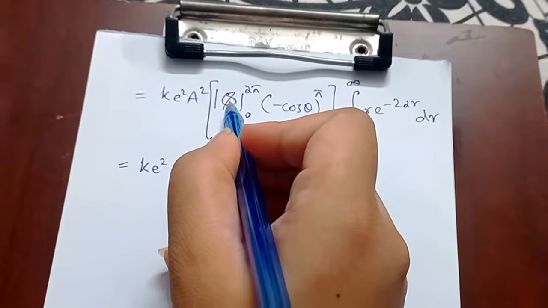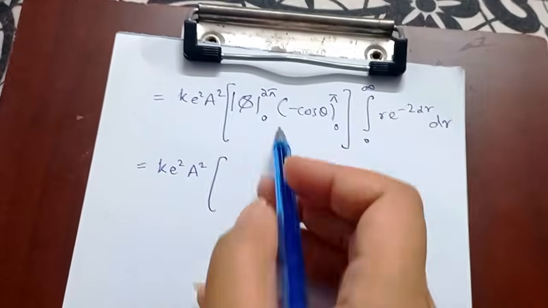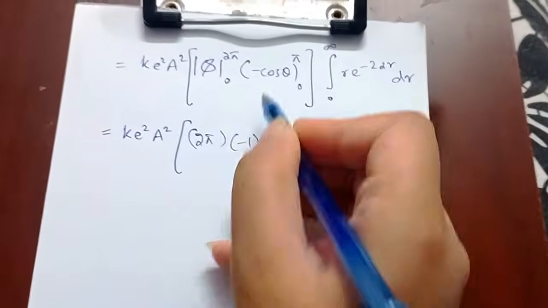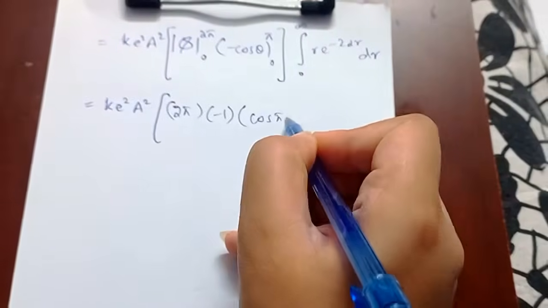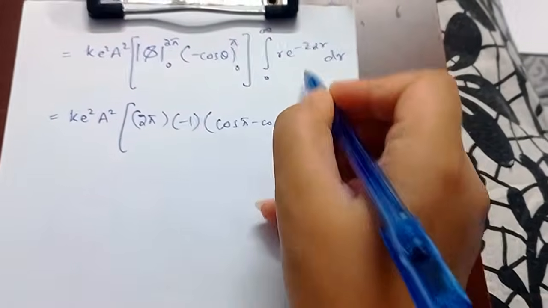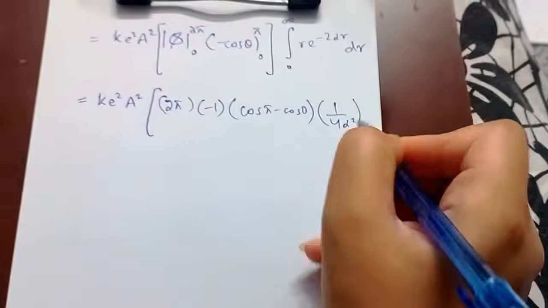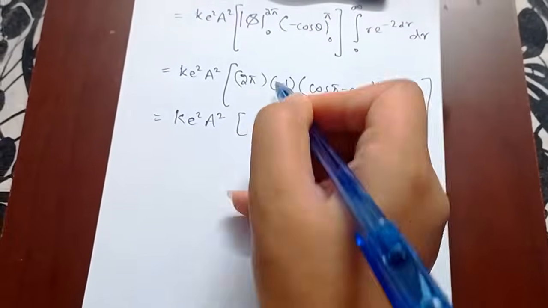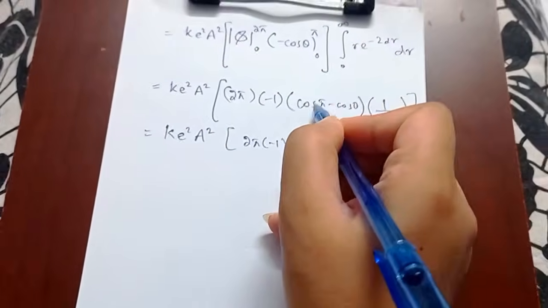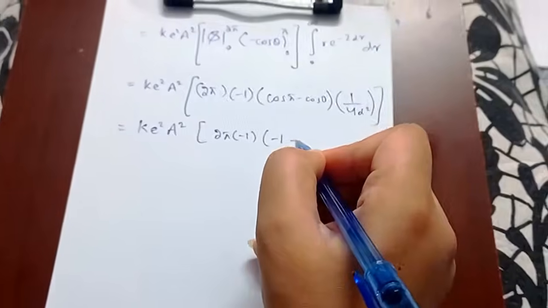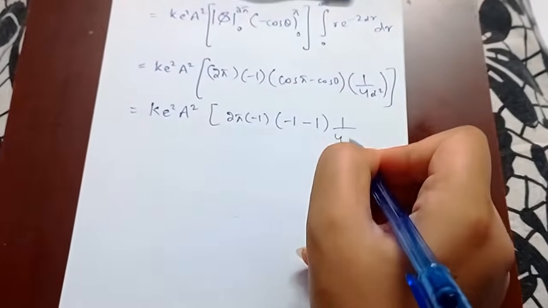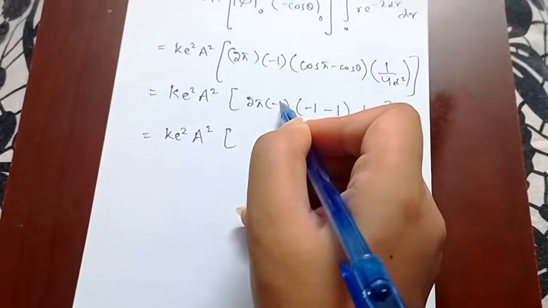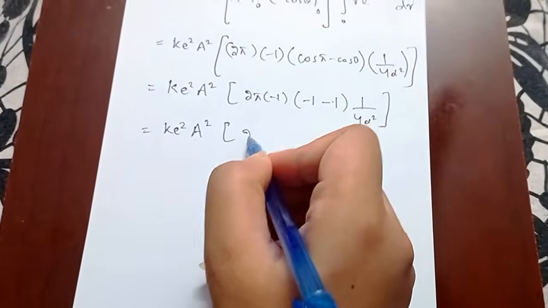Here let's put the limit of integration. It's 2 pi upper limit minus lower limit, 2 pi minus 0, which is 2 pi, times minus 1. I'm taking it common, so we have cos pi minus cos 0. In place of that, we will write 1 over 4 alpha squared: k e squared capital A squared, 2 pi, negative 1, cos pi is minus 1, minus cos 0 is 1, 1 over 4 alpha squared, k e squared capital A squared, minus 1, and it's minus 2.